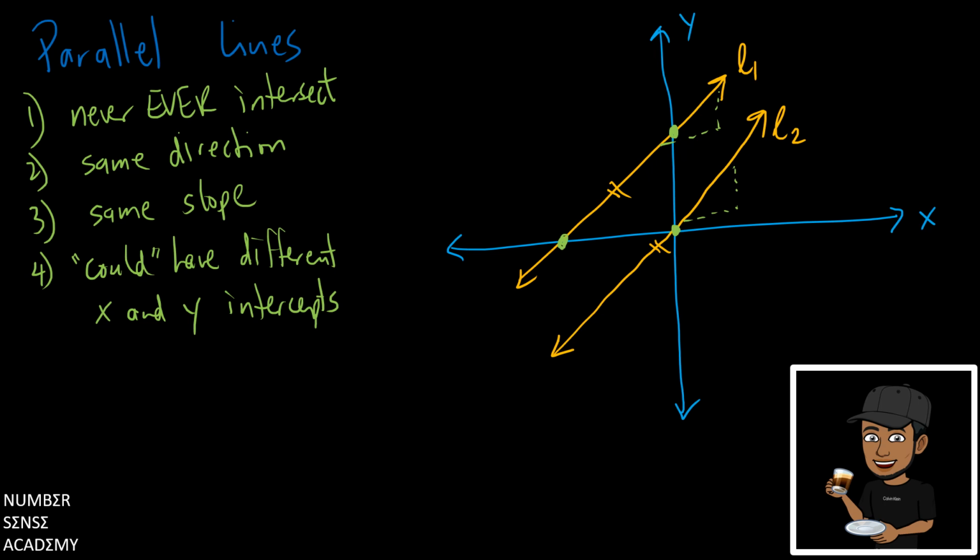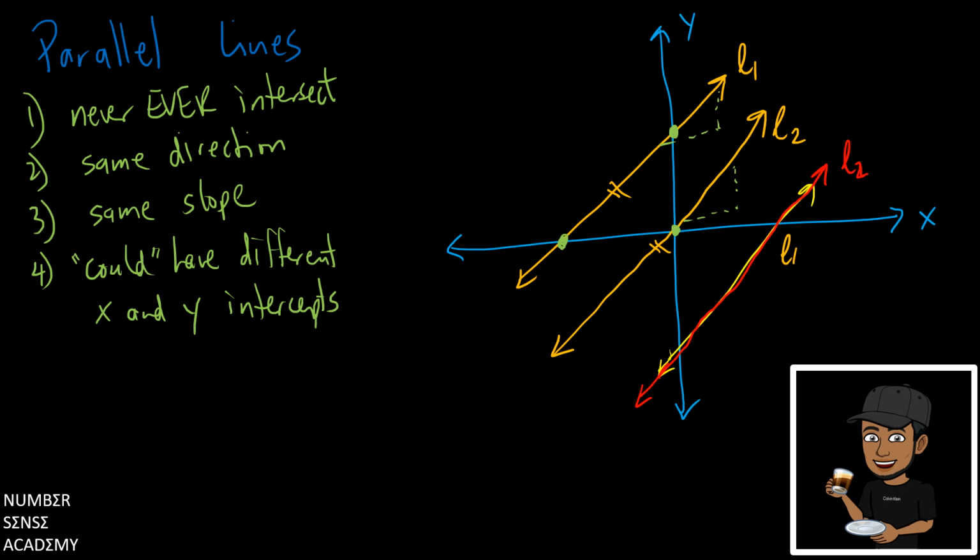What I mean by they could have different x and y intercepts is exactly this, but what if you have a situation where you have a line like this, and then for some reason we have another line that sits on top of it. These have all points in common. Every single point that's on L1 is on L2.